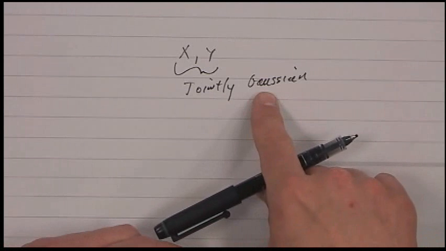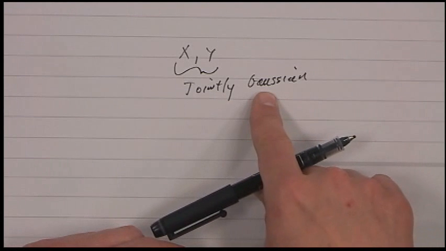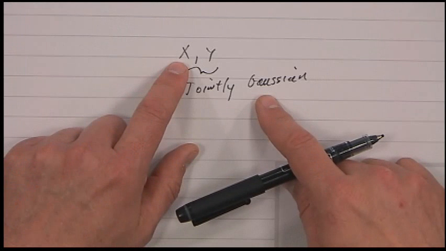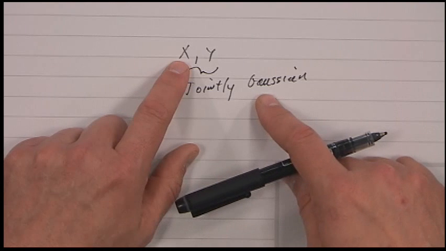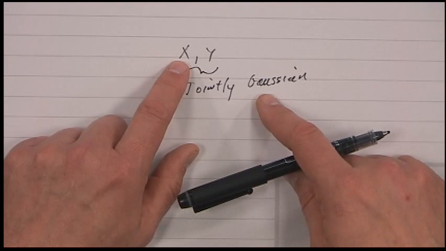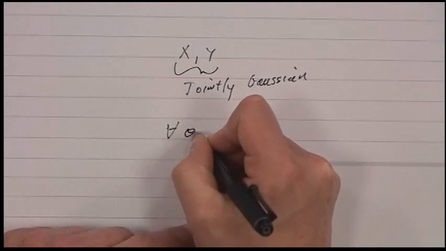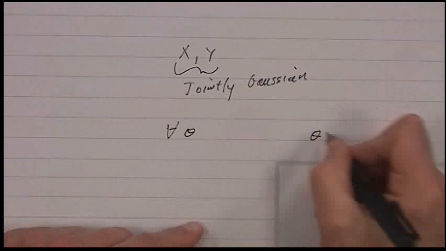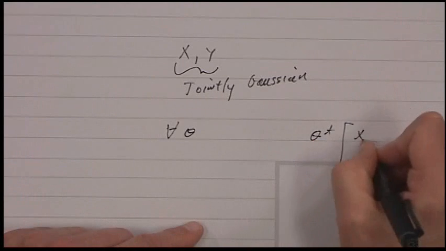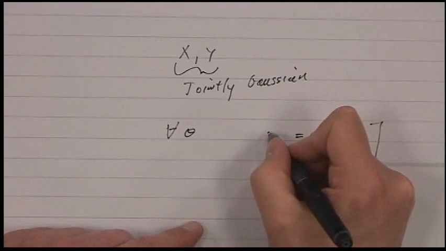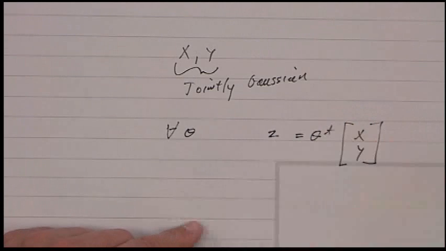The other way of defining it is that it's jointly Gaussian if any linear transform of the data forms scalar values that are Gaussian. So basically, if for all theta, I take theta transpose times x y, I get a scalar random variable, z.